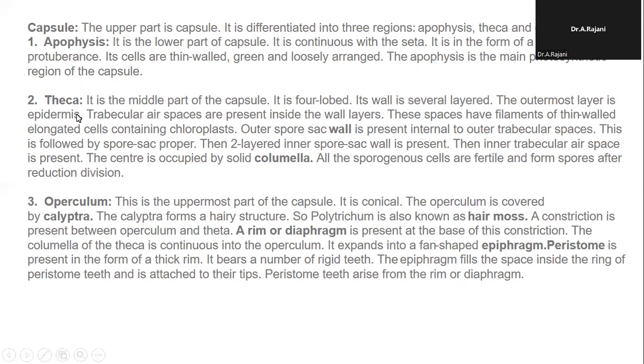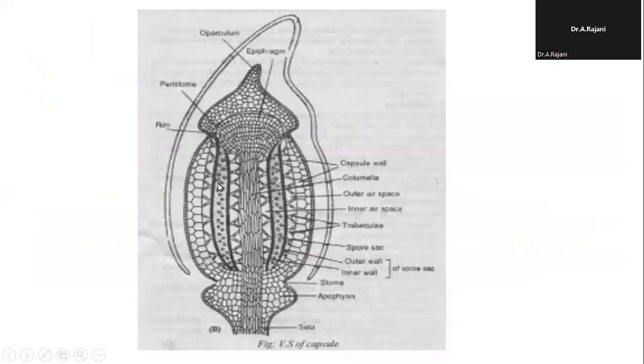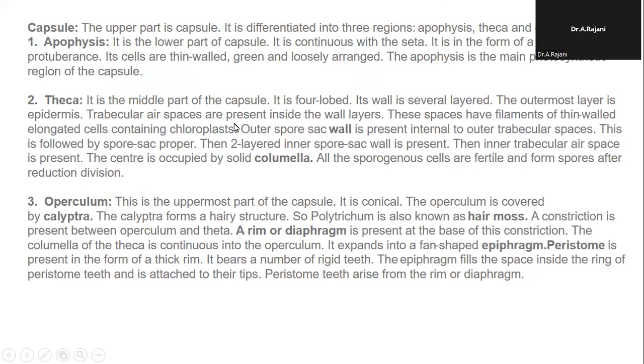Now, when you talk about the theca region, it is the middle part of the capsule, which is four-lobed. So you can see 1, 2, 3, 4. This is a four-lobed structure with several layers. The outermost layer is called the epidermal layer, and below this epidermal layer we can see the presence of elongated air spaces.